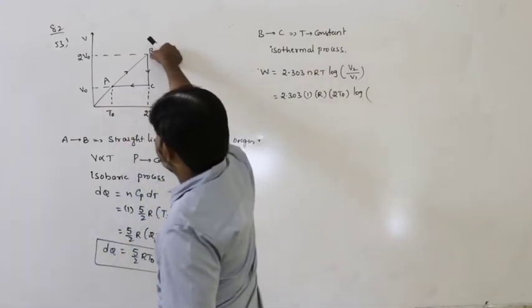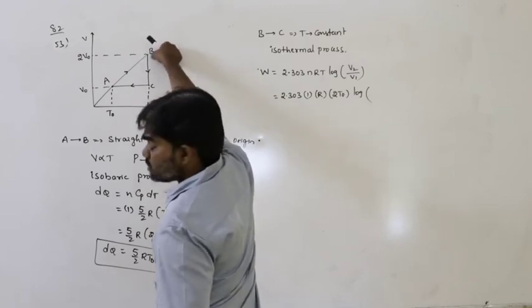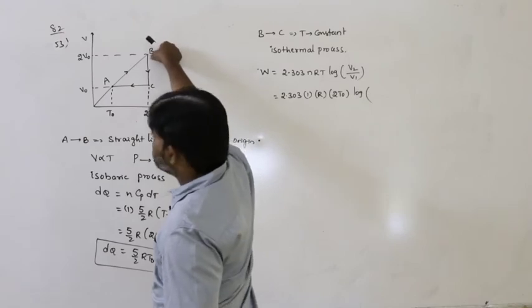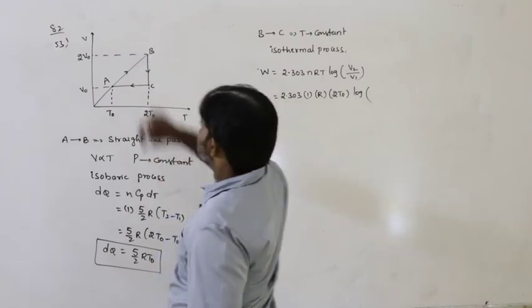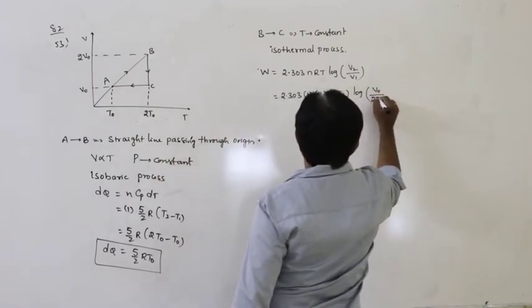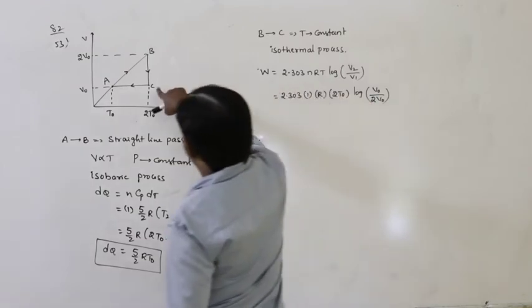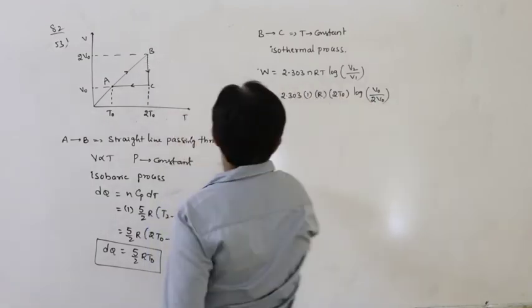Because here the process takes from B to C, that means point B is the initial point and point C is the final point. So V1 is V naught, and V2 is 2 V naught, that means volume at C divided by volume at B, final volume divided by initial volume.